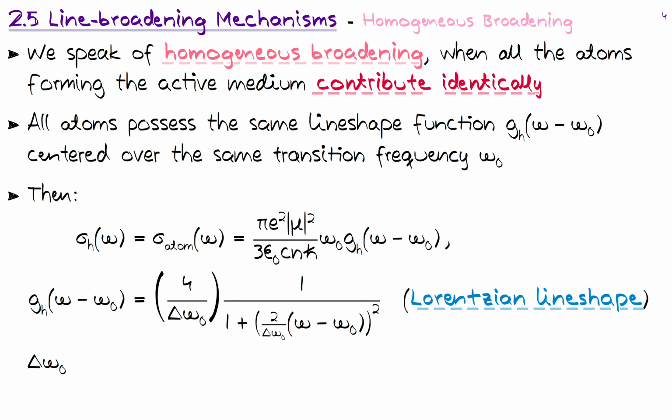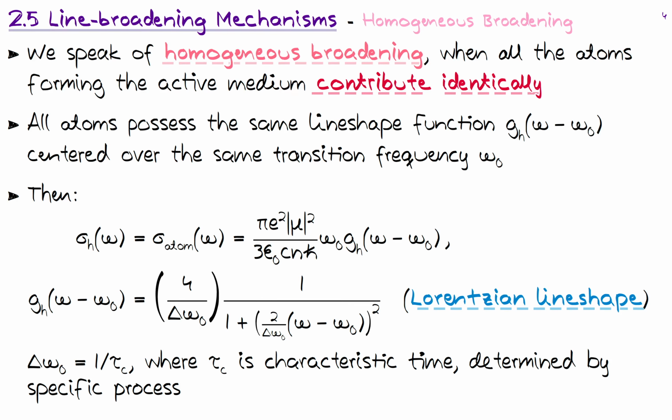Here delta omega naught is equal to 1 over tau c, where tau c is the characteristic time of the process, for example the time for the excited state to spontaneously emit, and this is determined by the specific process in question.